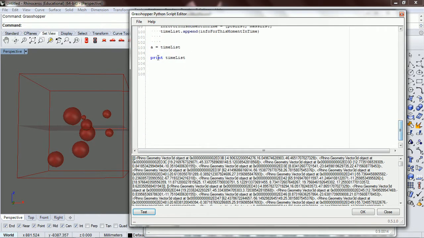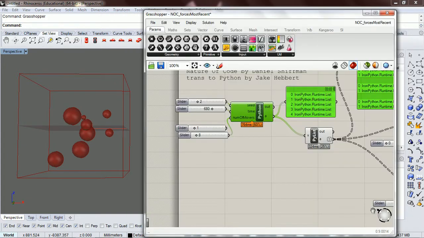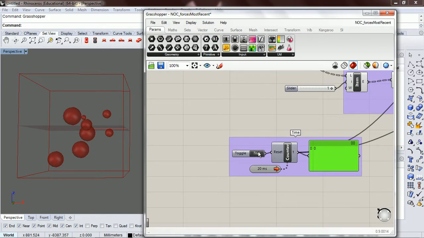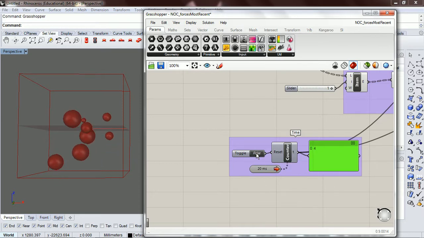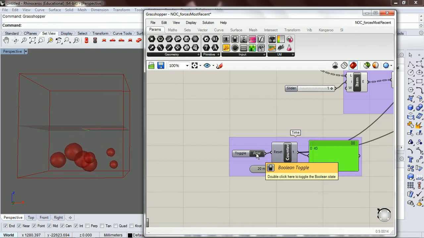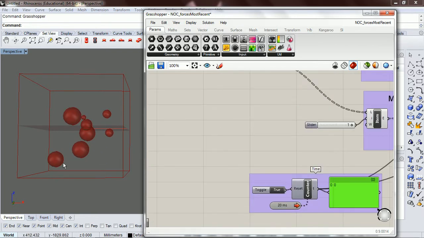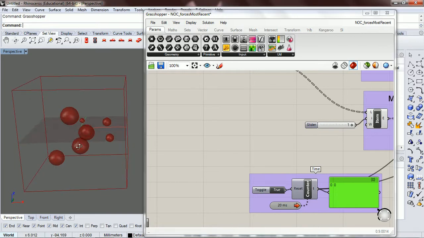And then also, let's take out our print time list. We don't need that. So let's try this. Yeah, so you can see that they all fell at the same rate. So that more accurately represents gravity, but we're leaving a lot out.